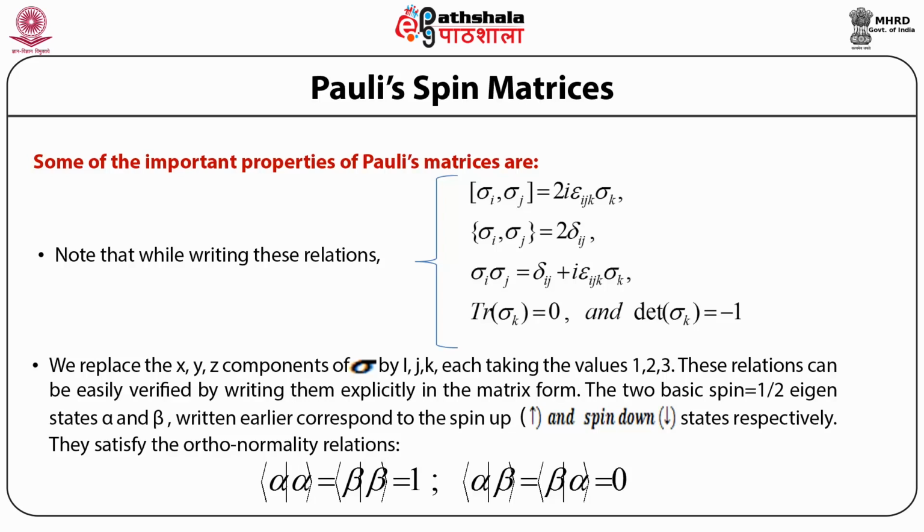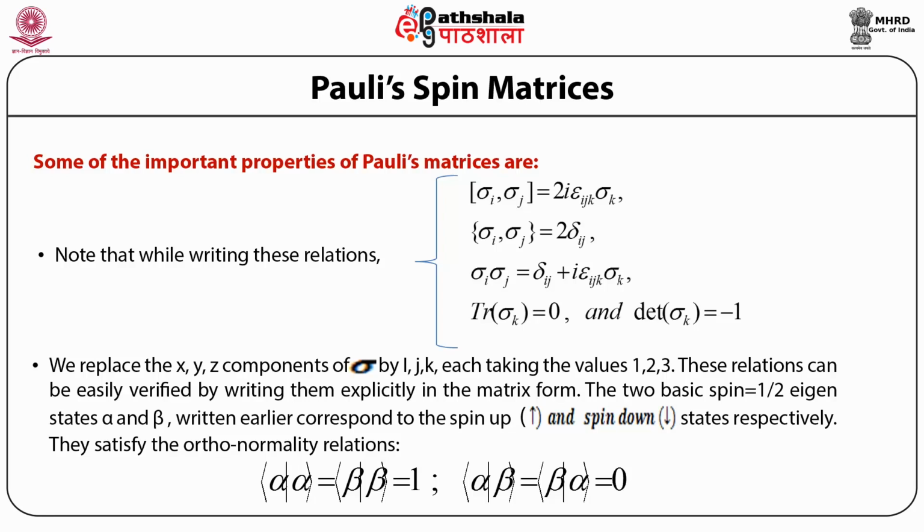Now we know that there are two basic spins. The value of the spin is half, and the spin half will have two states, or in other words two eigenstates, alpha and beta, where alpha denotes the spin up and beta denotes the spin down state respectively.